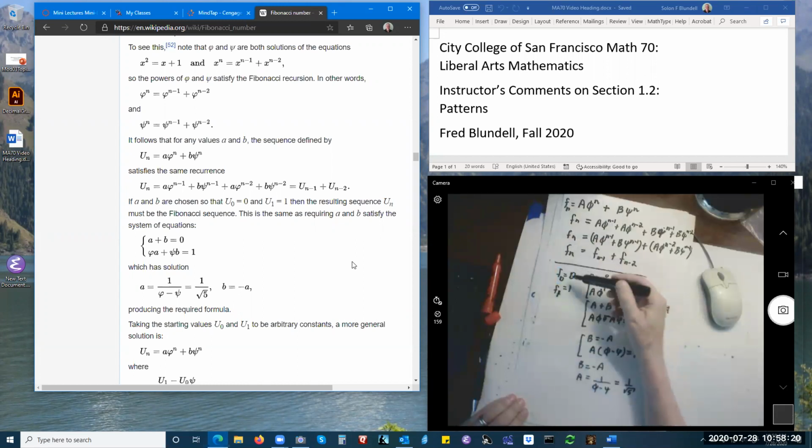And if you specifically want to start out with 0 and 1, you've got to choose the right A and B. And so then you come up with Fn is 1 over root 5 phi to the n minus 1 over root 5 psi to the n, or just phi to the n minus psi to the n over root 5.